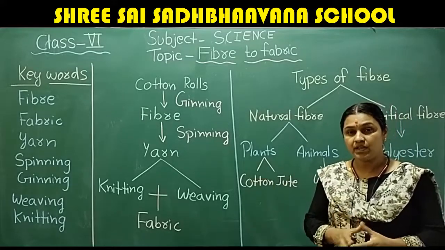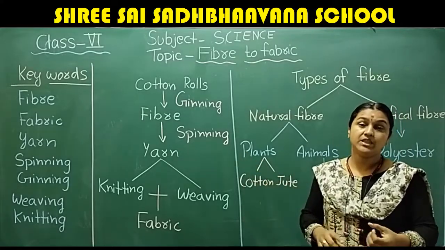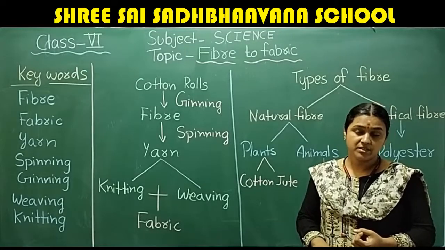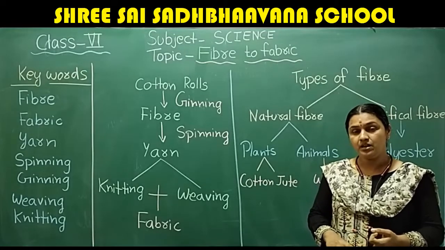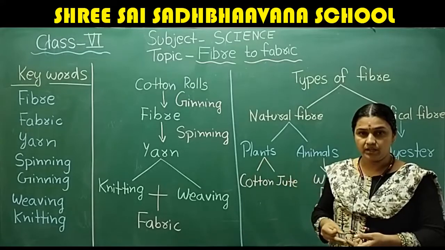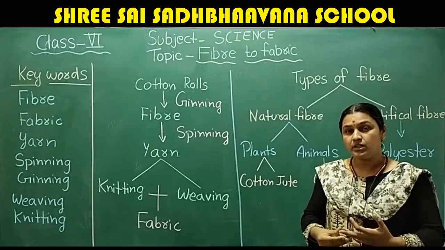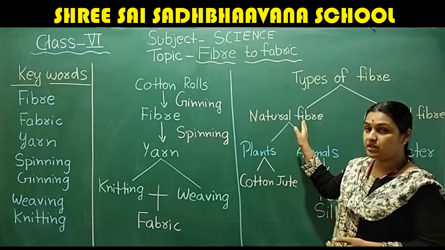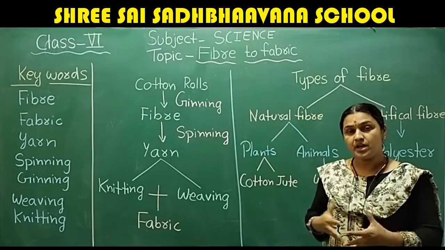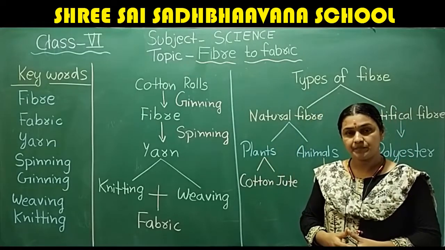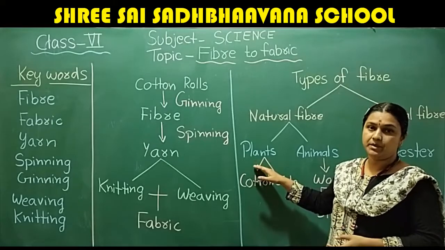Also, we get grains, spices, and some medicinal benefits from the plant. But did we know that we also get fiber from the plant to make our clothing? We will understand that in this chapter.